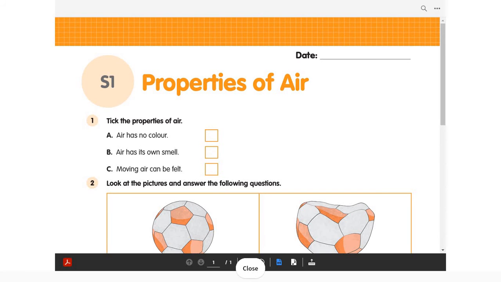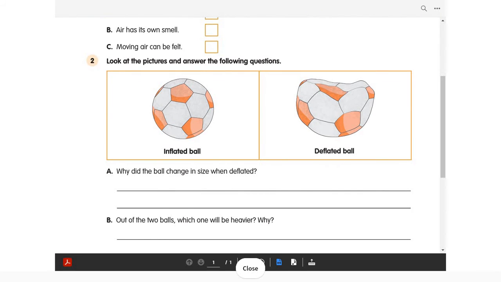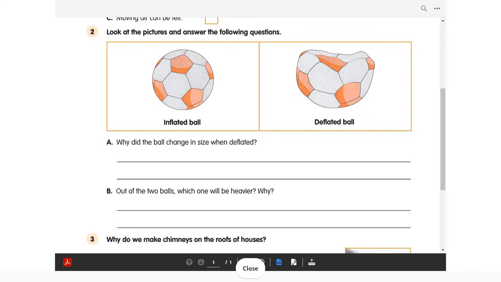Next question. Look at the picture and answer the following questions. There are two pictures, isn't it? Inflated ball and deflated ball. Now the questions are, why did the ball change in size when deflated? Out of the two balls, which one will be heavier? Question number 2a.